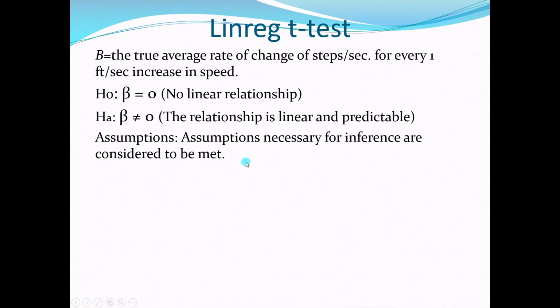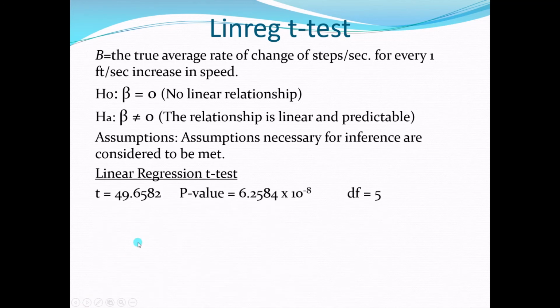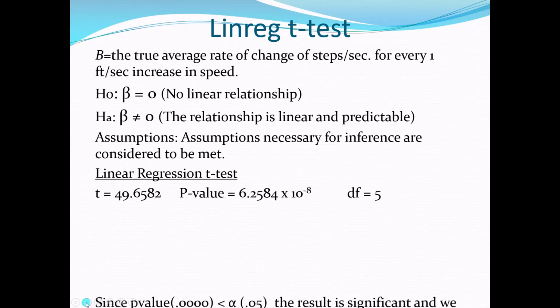All right, assumptions necessary for inference are considered to be met. Yes, always like that. Name it, because we're all calculator based here. So we're going to get a t-value, we're going to get a p-value, and I will show you this on the calculator with degrees of freedom. And this is way less than 0.01, so we're going to reject H0, which means that we will have evidence of a linear predictable relationship between the two variables.